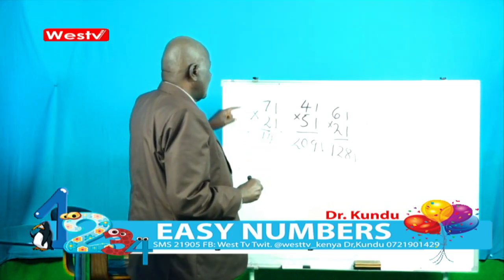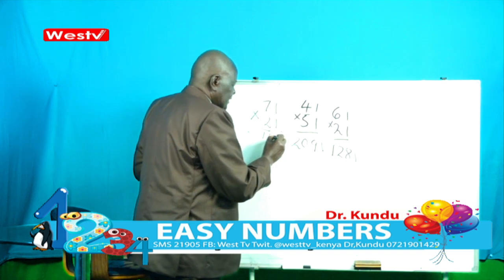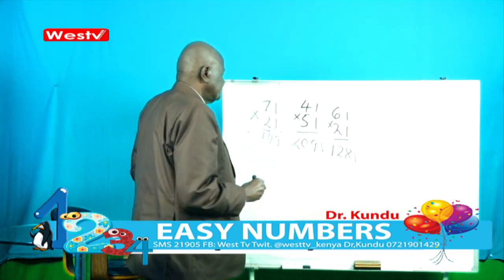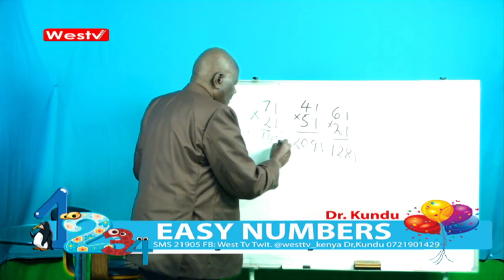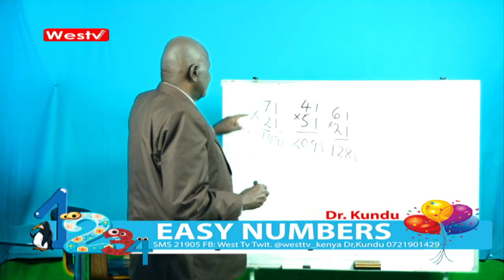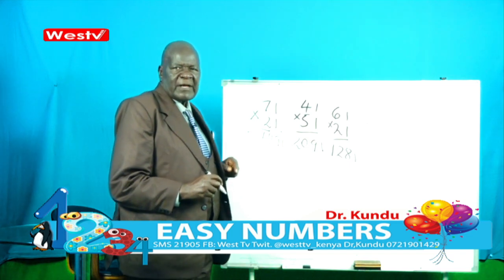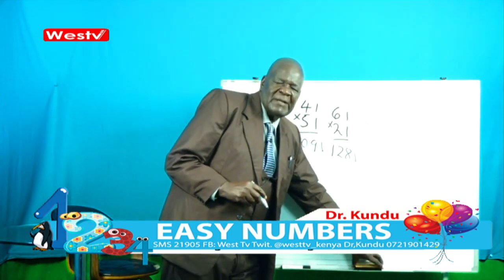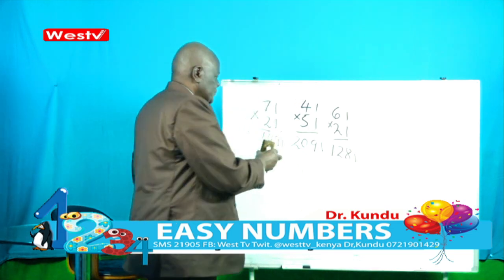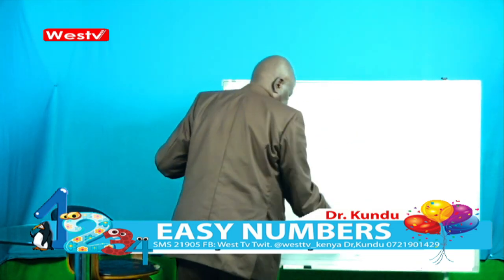Step 2, add the tens digits. 7 plus 2 is 9. Step 3, drop 1. So 71 times 21 is 1491. So if you are used to that kind of multiplication, you will be so fast in doing your mathematics.